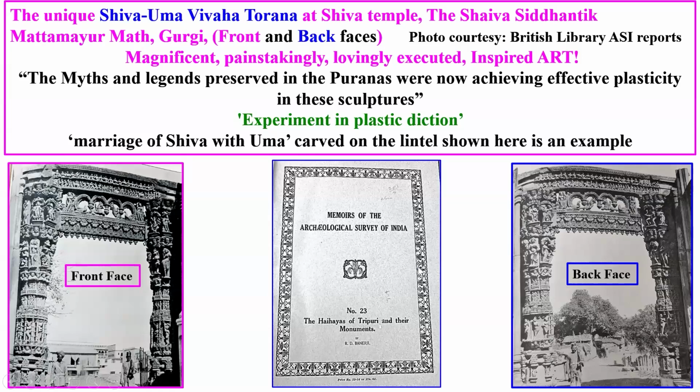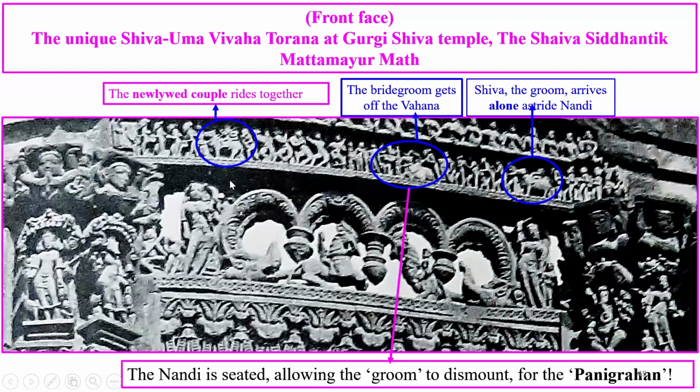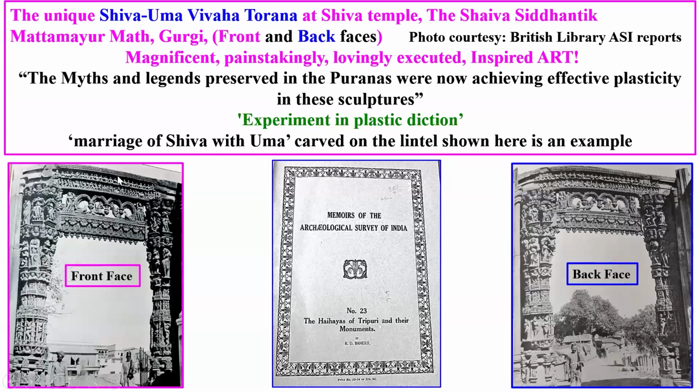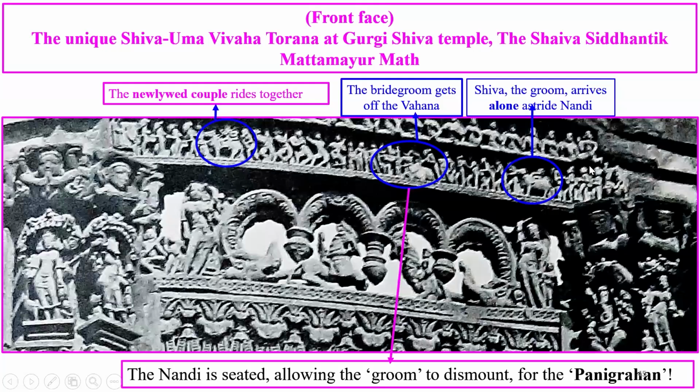And this is from the archaeological survey book, and I've taken the photos from this original book, which is there in the British Library. And I have taken this illustrated Torana, and only this part I have taken, to illustrate how much in detail they have taken pains to carve this.